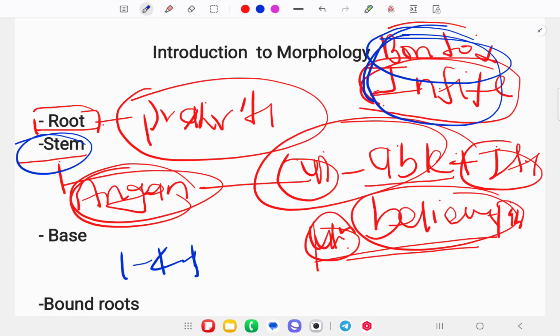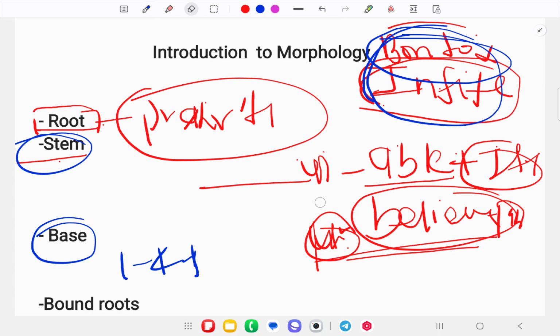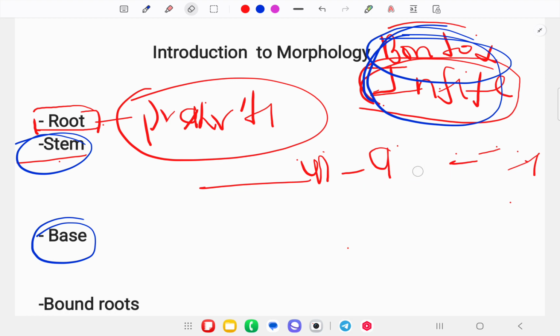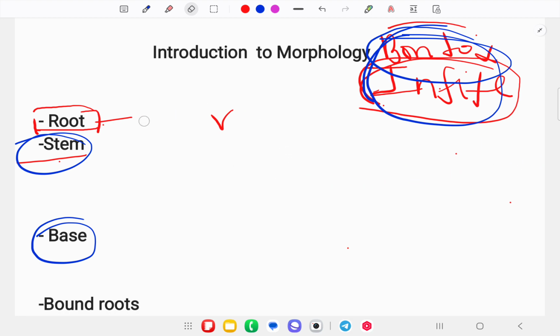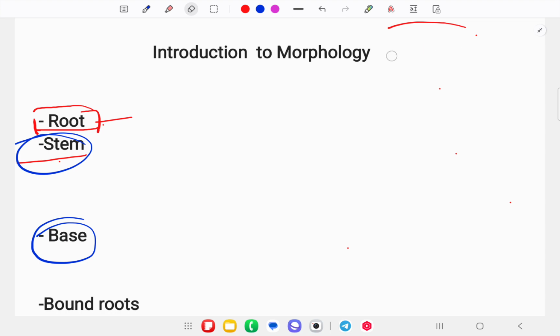Now, what is base? According to some linguists, when the word base is used, it means any root or stem to which an affix is attached.